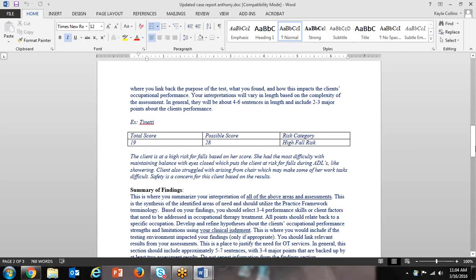So if you're looking at the BOT, maybe say the client is having difficulty with upper limb coordination. They had the most difficulty with throwing and catching a ball. This may make it difficult for the client to participate in recess or physical education activities. Okay, that would be one part of the interpretation for Anthony. Then I may pull something else out of the BOT and say they are having difficulty with fine motor precision tasks.